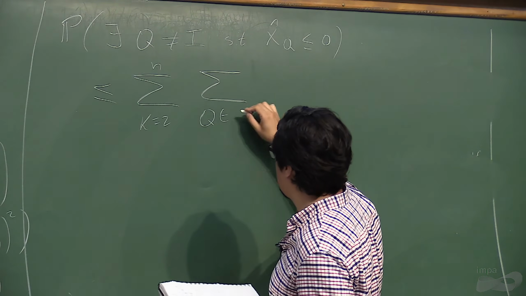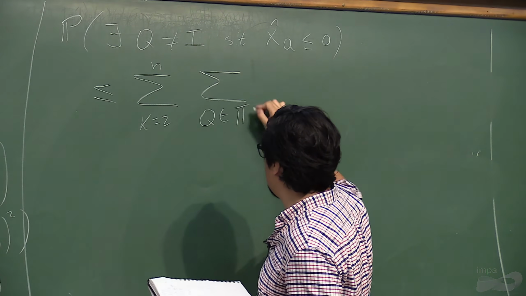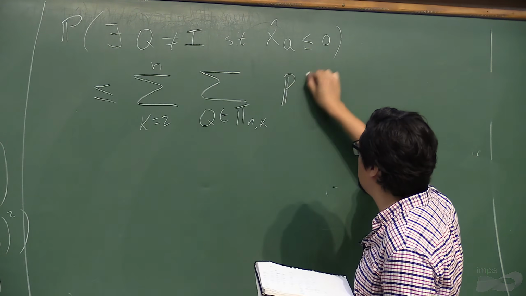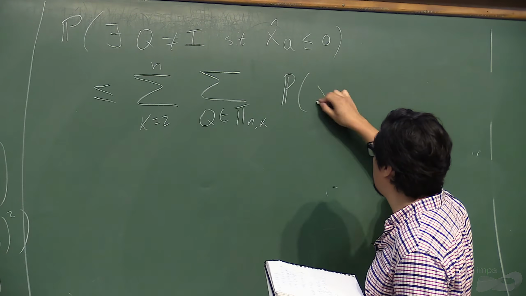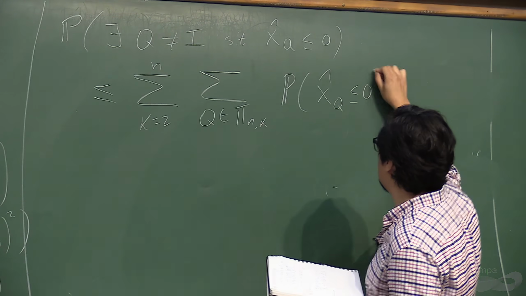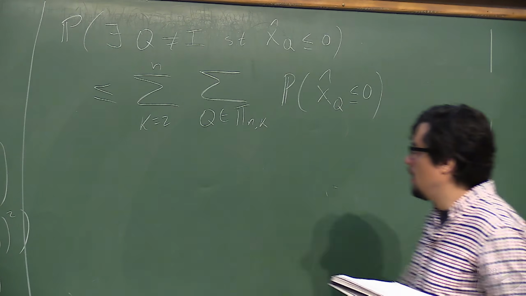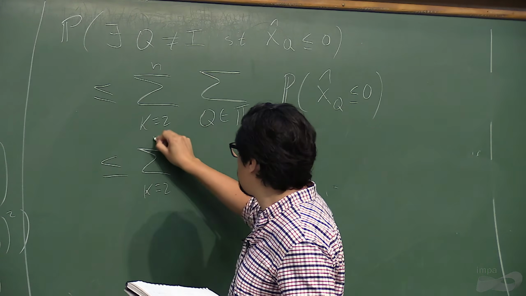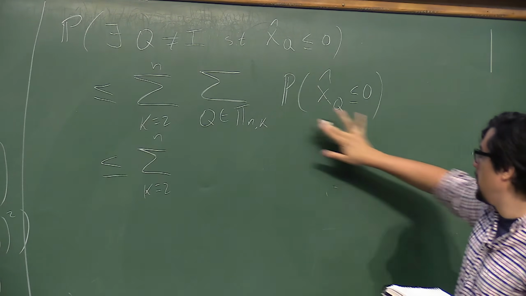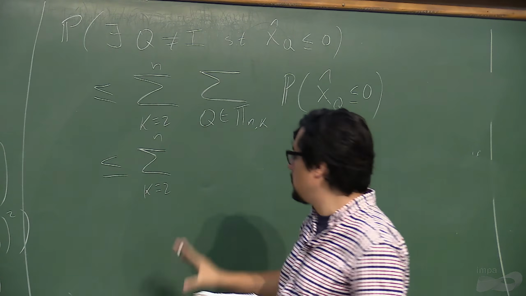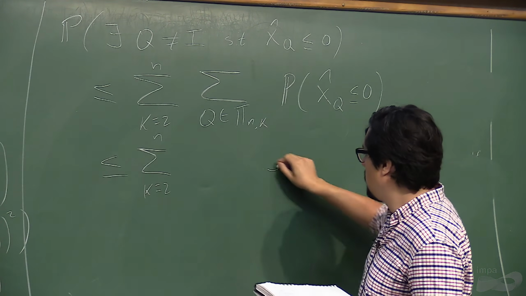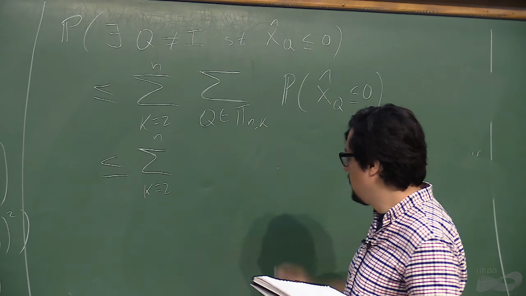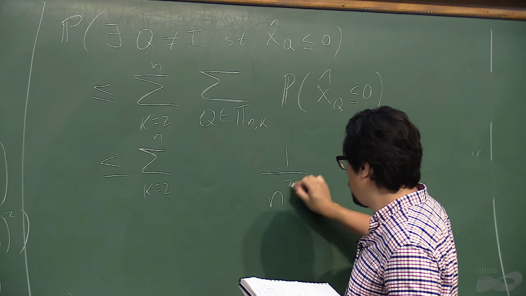We have a summation over k. We have an upper bound for this quantity for all possible values of q. So this is 1 over n to the power of 3k.